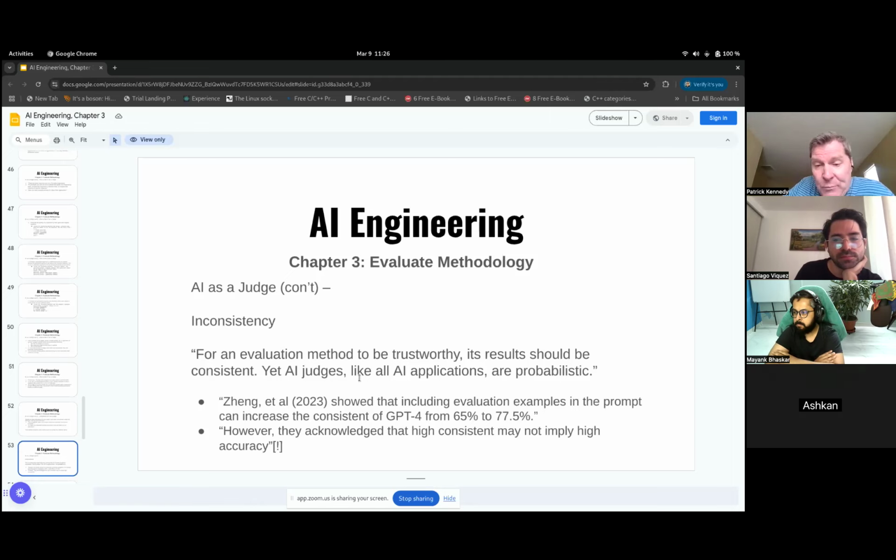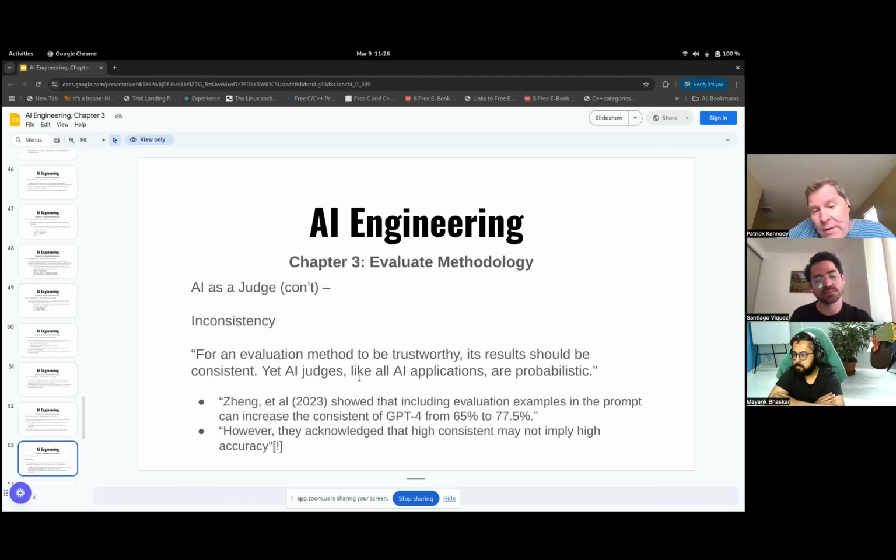It improved its performance that much. However, they acknowledge that high consistency may not imply high accuracy. It may always return the wrong answer consistently. So it doesn't always work.